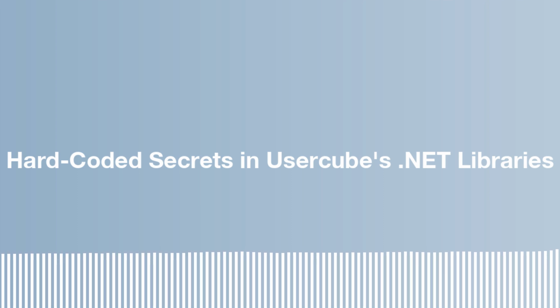Exactly. And because of this missing handshake, attackers can craft special messages called HTTP requests. HTTP, like what I would type in to visit a website? Similar. It's basically how computers talk to each other over the internet. So they slip these requests in and can extract sensitive configuration data from Usercube because there's no security check in place.